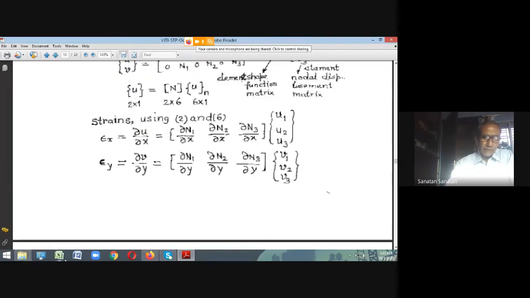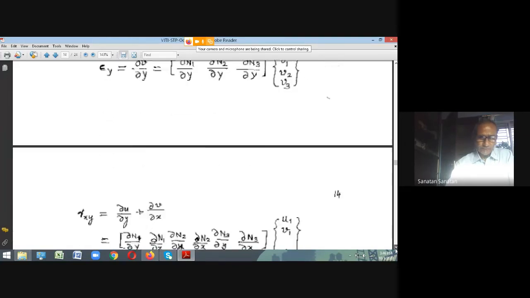To determine the strain epsilon x, which is delta u by delta x, it is nothing but the derivative of the shape functions with respect to x multiplied by the three corner node displacements in the x direction. Epsilon y is the derivative of the v function with respect to y, which is nothing but the shape function derivatives multiplied by the corner node displacements v1, v2, v3. So epsilon y is obtained in terms of the corner node displacements.